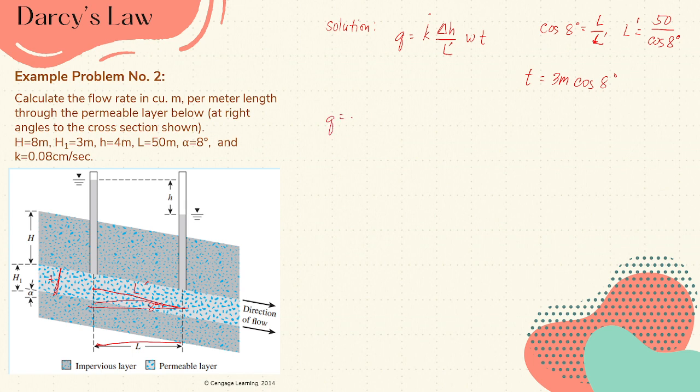Q is equal to 0.08 centimeters per second times delta H, which is equal to 4 meters or 400 cm, all over L prime, which is 5,000 centimeters, all over cosine 8 degrees, times 300 centimeters times cosine 8 degrees times 100 centimeters.